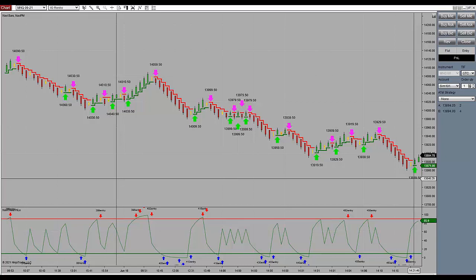All right, so I showed you two live profitable trades. Right now we're still continuing to go higher there on the Nasdaq.